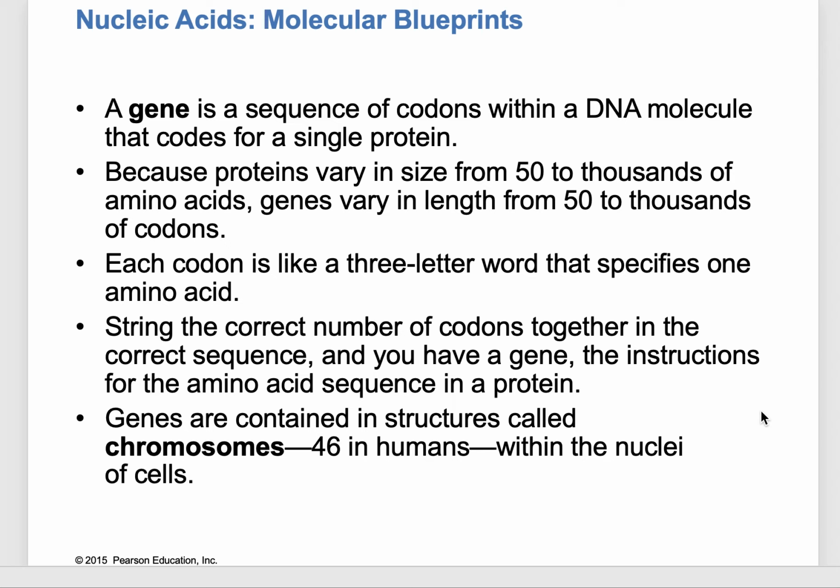So you multiply it by three, that will be 150 nucleotides. All right, and each codon, as you saw earlier, is a three-letter word that specifies one amino acid. And then you connect the codons together, you get a gene. And a gene is going to be in one of the chromosomes. And in human beings, we have 46 of those chromosomes.